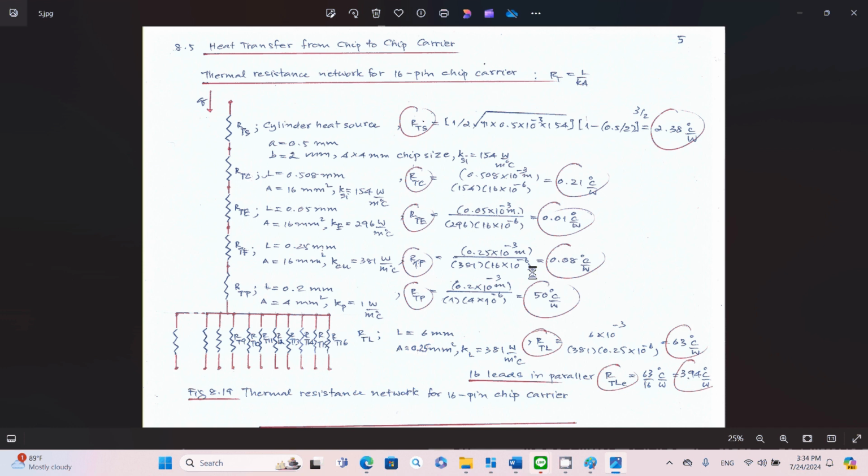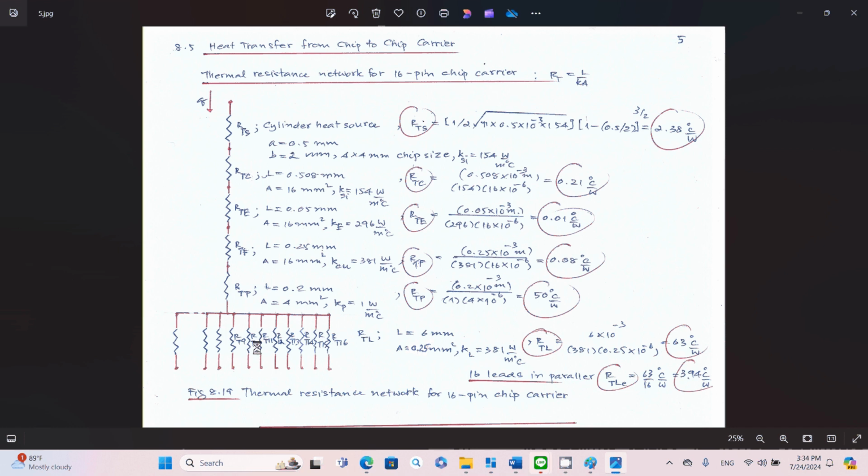And then for the pins or the lead, the length of the lead is 6 millimeter and the cross-section area is 0.25 millimeter square, and you use KR as the thermal conductivity of copper, which is 381 watt per meter degree Celsius.